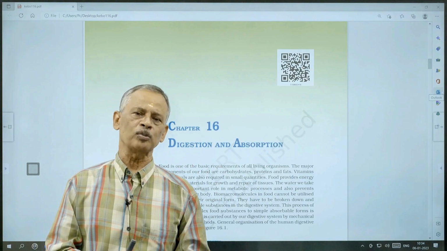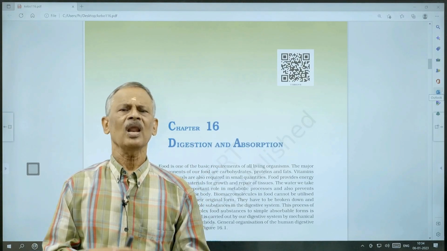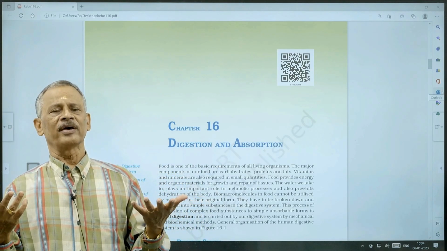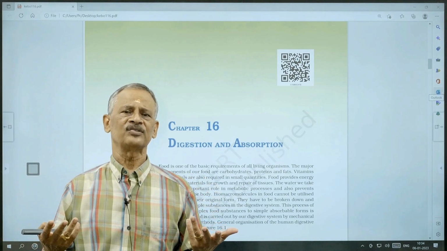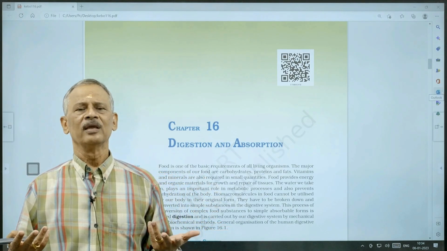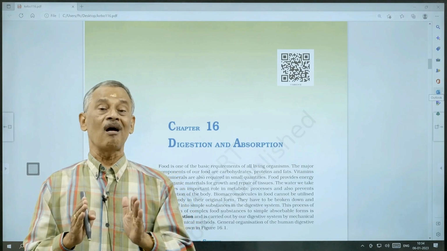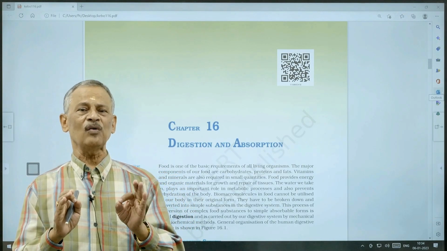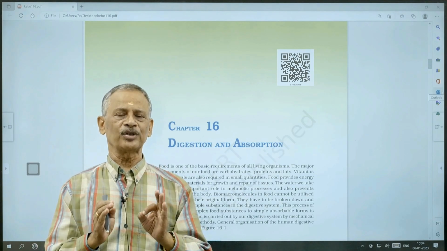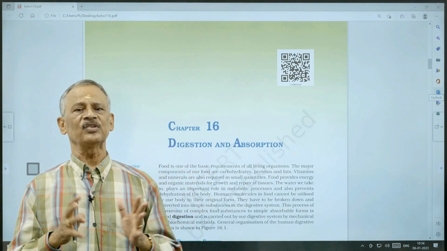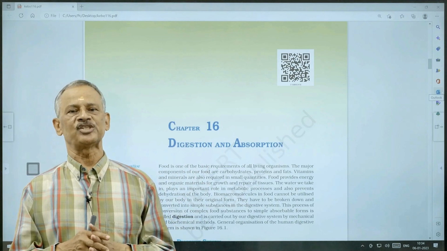Then only these digested small molecules are absorbed into the cells. So, absorption takes place. After absorption, they are all reaching different cells, tissues of our body, which will be utilizing them. That is called assimilation. Utilization of these absorbed nutrients for their activities is called assimilation.